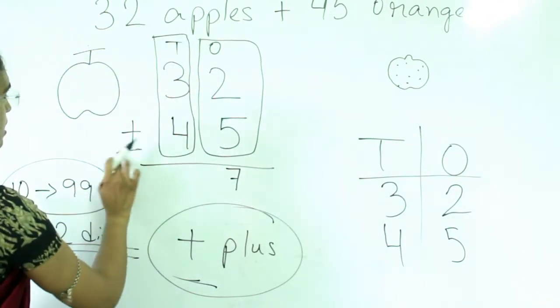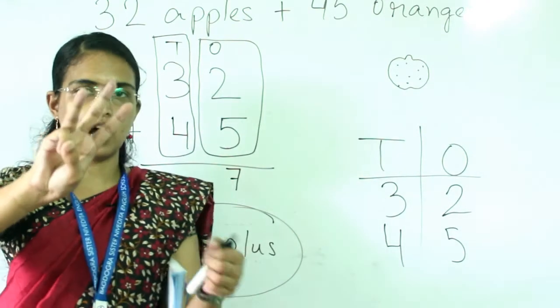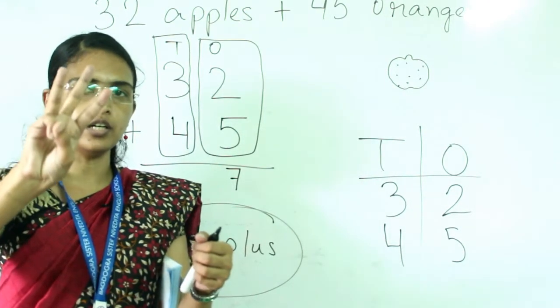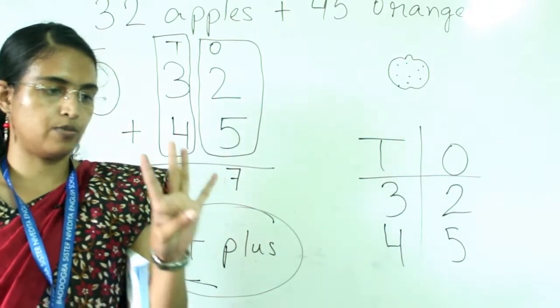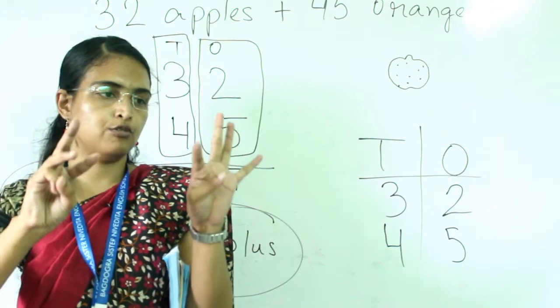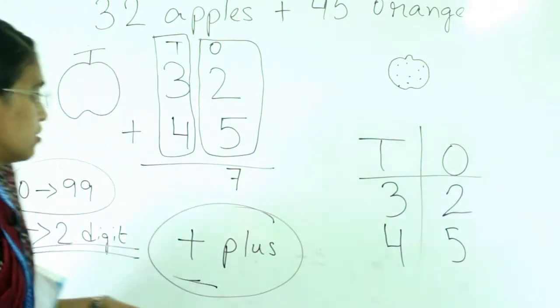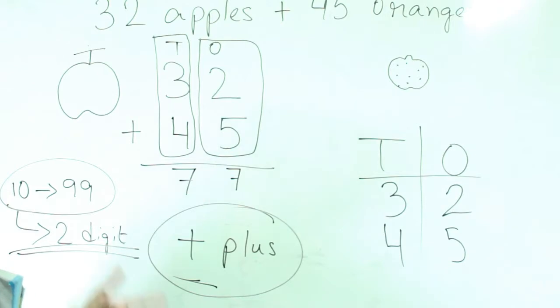Now 3 plus 4. So this is how many fingers? 1, 2, 3 plus 4. That means this one. Now how many fingers? 1, 2, 3, 4, 5, 6, 7. So 3 plus 4 equals 7. Okay.